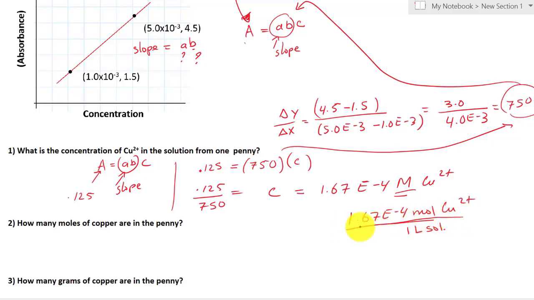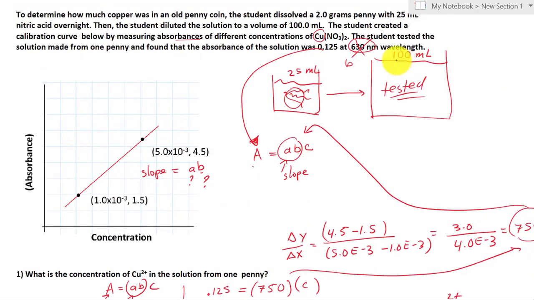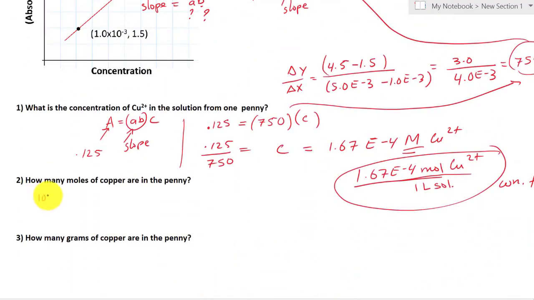And do we know how much of the solution we use? So let's use this as a conversion factor. And how much of the solution are we actually testing in this case? 100 milliliters. And 100 milliliters is equal to how many liters? 0.1 liter. So now we know how much solution we use.